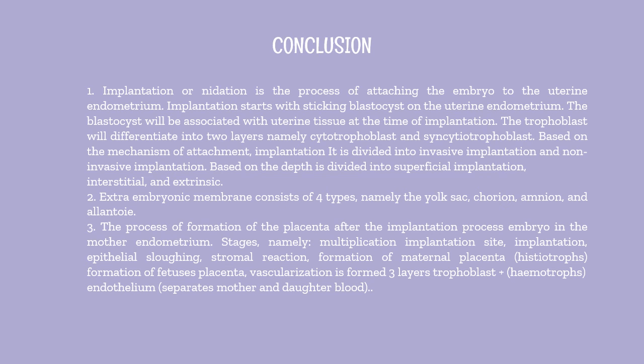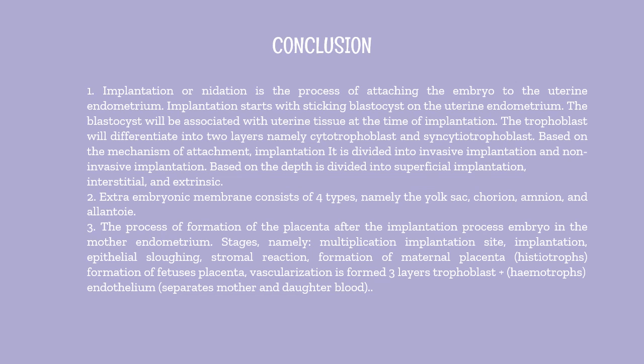Conclusion. First, implantation or nidation is the process of attaching the embryo to the uterine endometrium. Implantation starts with the blastocyst sticking to the uterine endometrium. The blastocyst will be associated with uterine tissue at the time of implantation.